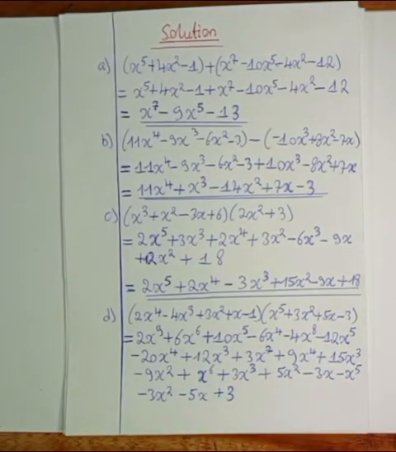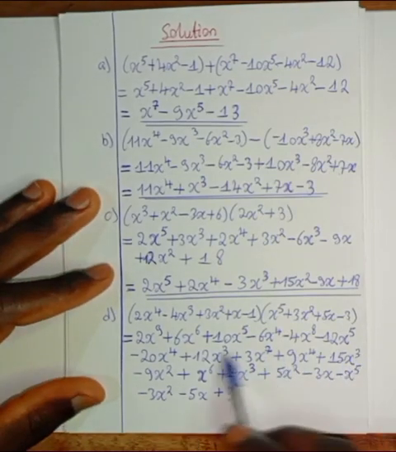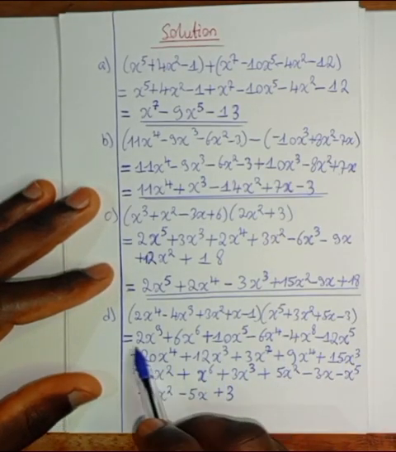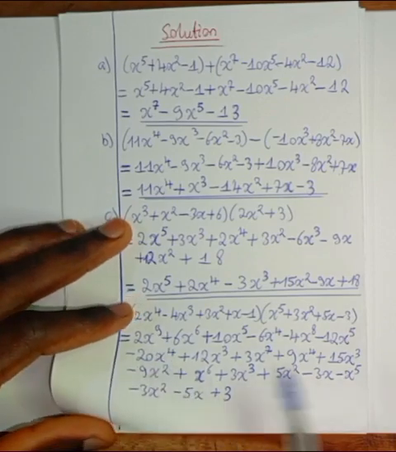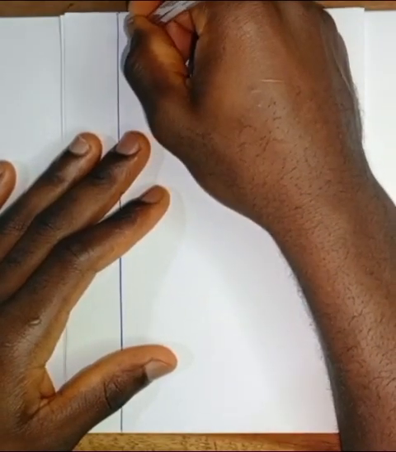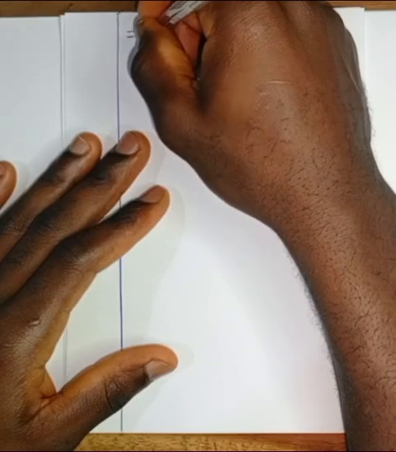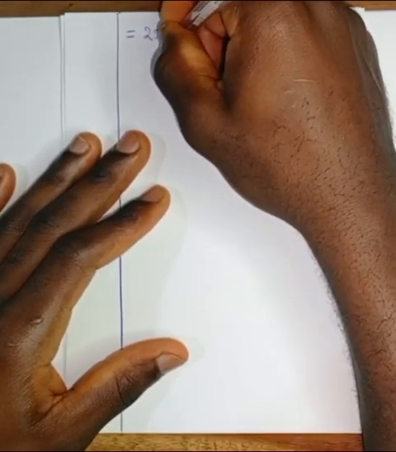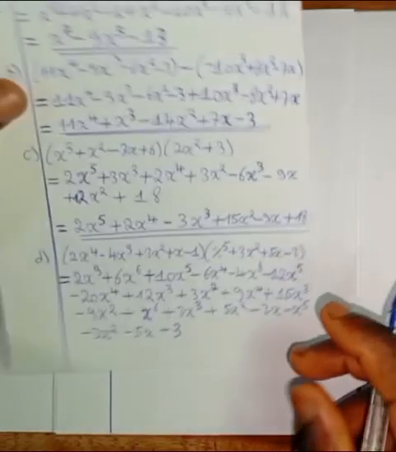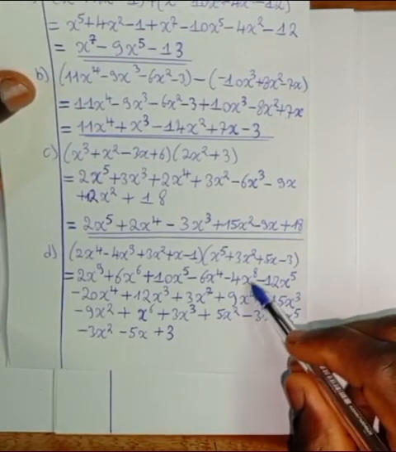The next step we have to simplify. Looking at the terms, you'll see that the highest power of x is 9. This will simply be equal to 2x to the power 9 plus the next term with the highest power of x is x to the power 8.